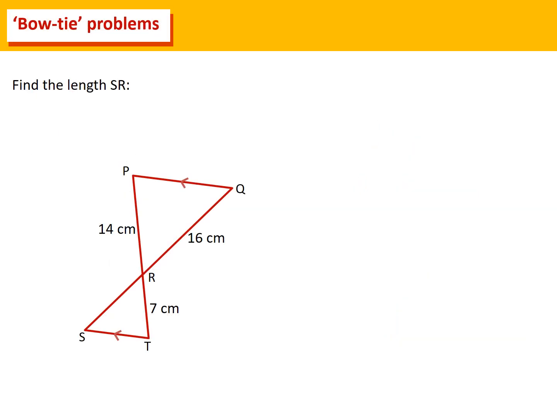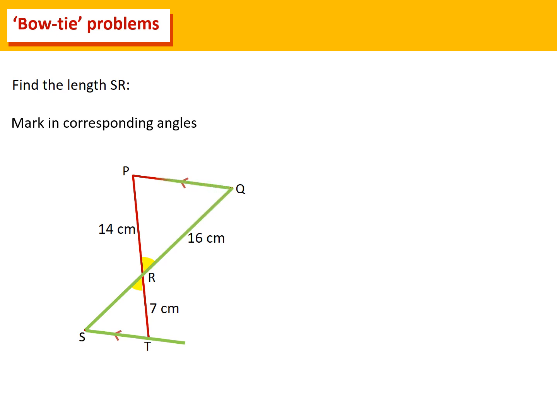Sometimes a question will look a little bit like a bow tie, and note, by the way, these parallel lines here at the top and this one at the bottom, that's really important. Let's try marking some angles that we can. First of all, those two angles marked in yellow, they're vertically opposite angles, so they are equal. I'll just mark them with a colour to denote they're equal.